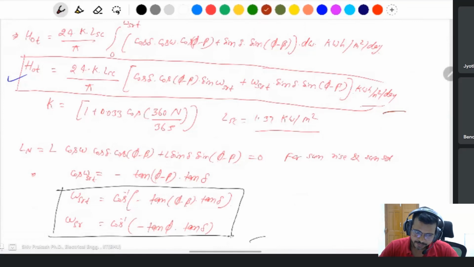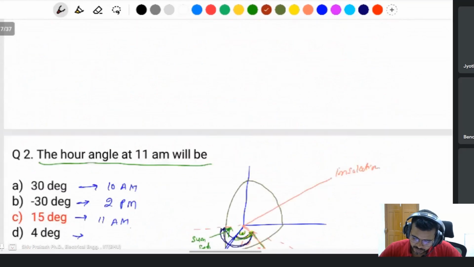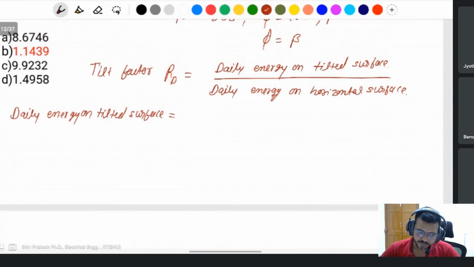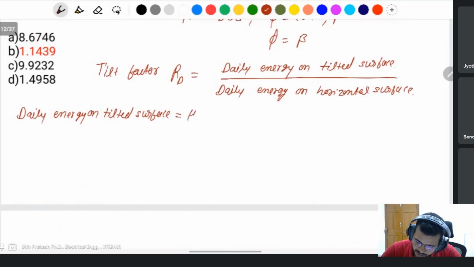Daily energy on the tilted surface, H_T: 24 into K_sc divided by pi, into cos del into cos phi minus beta into sin omega SRT, the tilted sunrise angle, plus omega SRT into sin del into sin phi minus beta. This is without the effect of the atmospheric pressure.